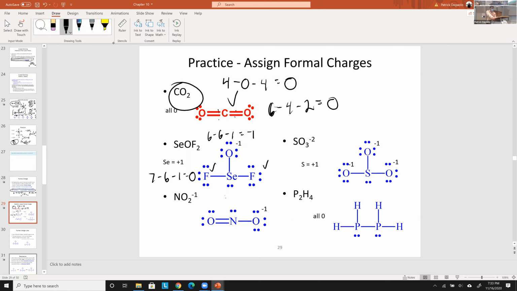So even I need a periodic table. So selenium is going to be 6 minus the non-bonding, which is these 2, minus the bonds, which is 3. So 6 minus 2 minus 3 is +1. So if you look at this, this is the best way to write this Lewis structure, because the net formal charge is 0.